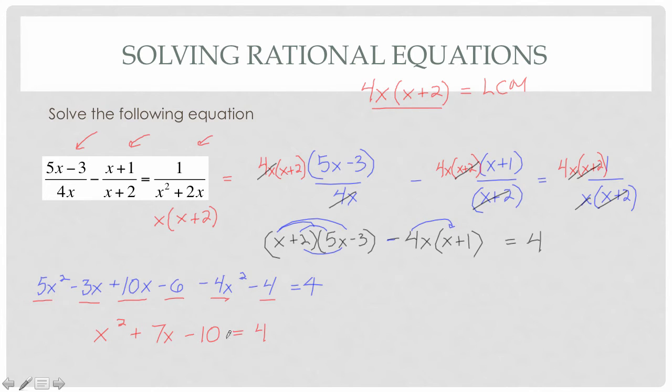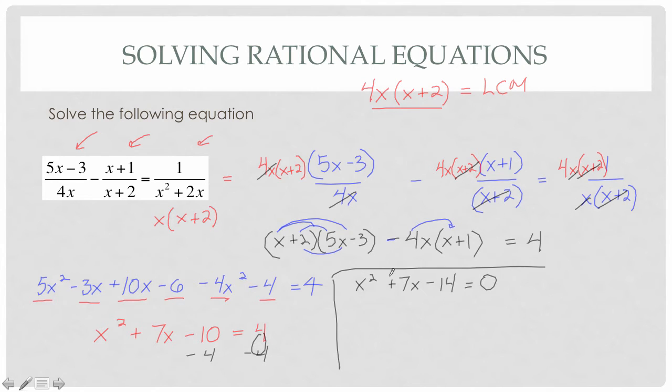I got a quadratic now, a second degree quadratic. If I want to solve a quadratic, I need to set everything equal to 0. So let's subtract 4 from both sides. And now we've got x squared plus 7x minus 14 equals 0.